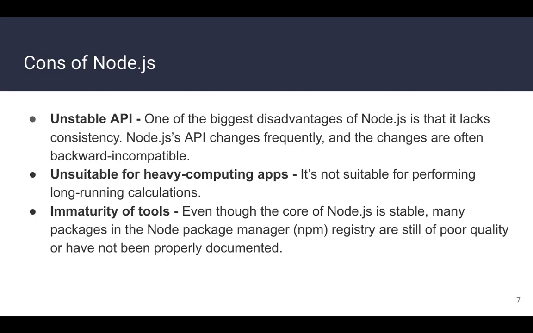Another disadvantage is immaturity of tooling. Even though the core of Node.js is stable, many packages in the Node.js package manager are not. NPM is the Node.js package manager through which you can install different packages and use them in your application. But it is not properly documented, and the quality of the packages is quite poor.